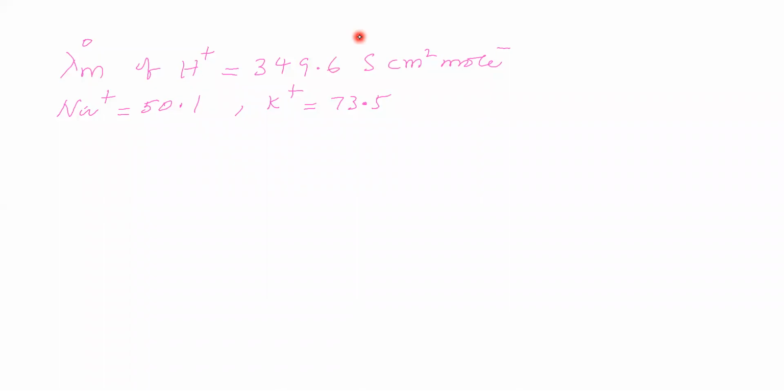We are unable to consider the size of H plus, so hydration also we cannot consider. Then how to explain the very high lambda m naught of H plus, that we have to see.